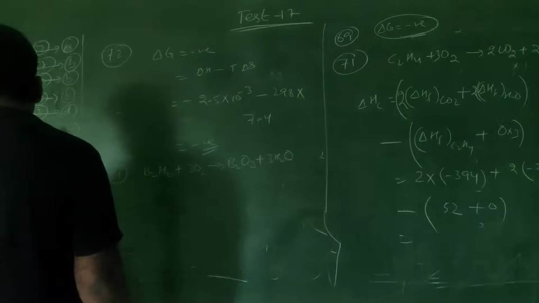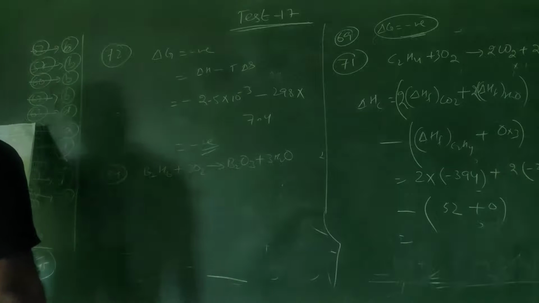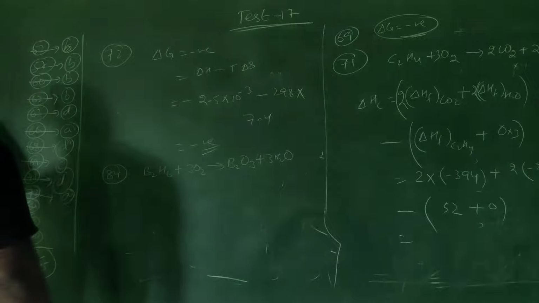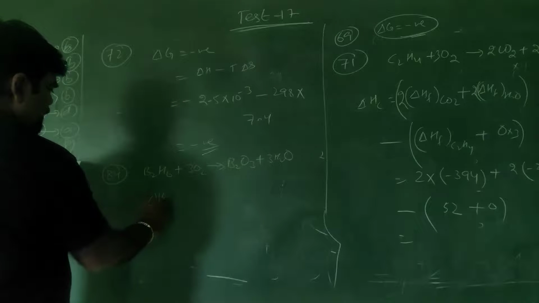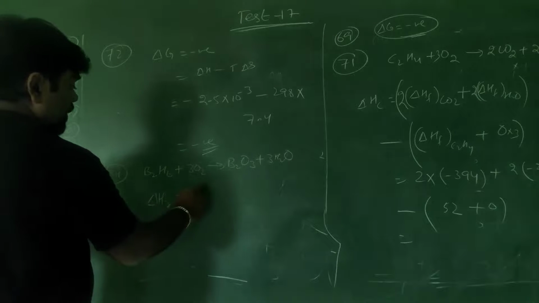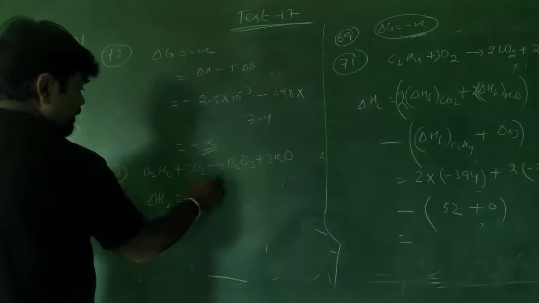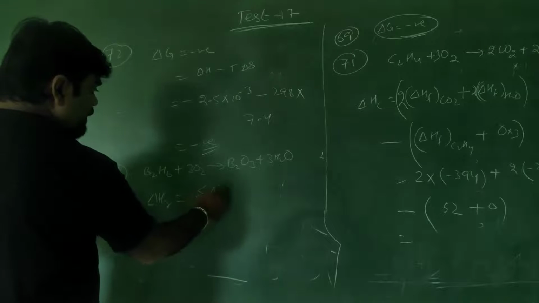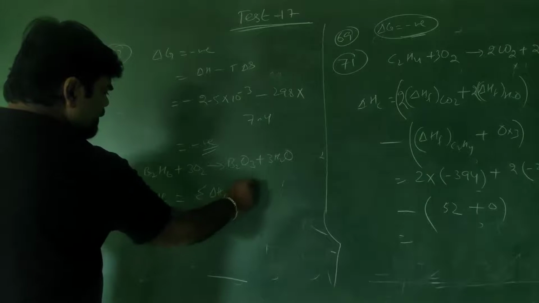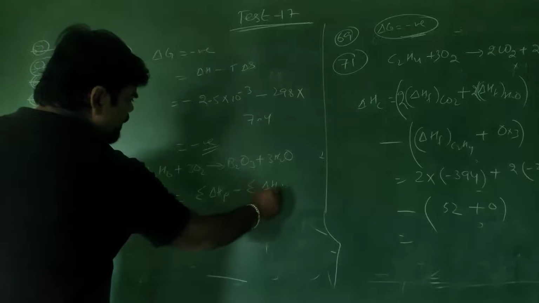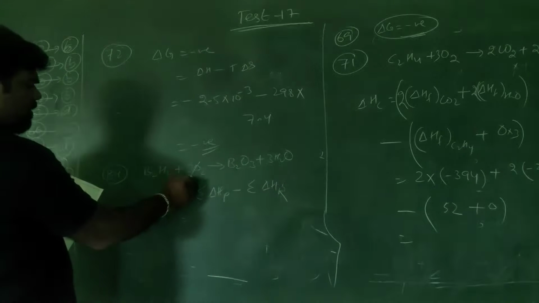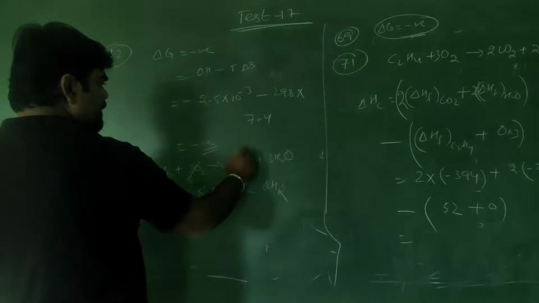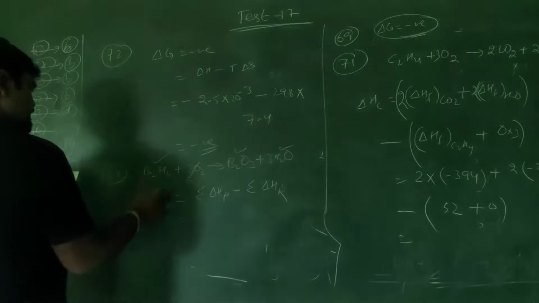The enthalpy of reaction is given, the enthalpy of formation of B2O3 is given, and the enthalpy of formation of H2O is given. So enthalpy of reaction is equal to summation of enthalpy of products minus summation of enthalpy of reactants. Their formation will be 0. This is given already, this is given, this is given.